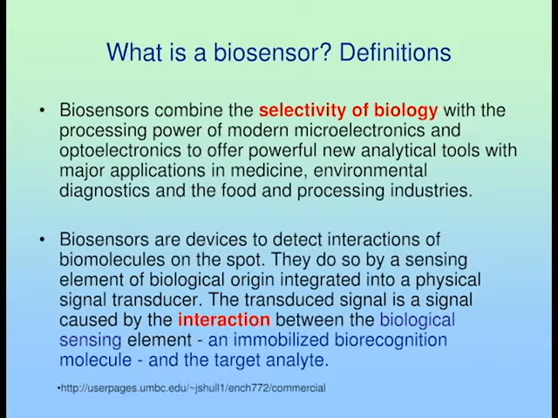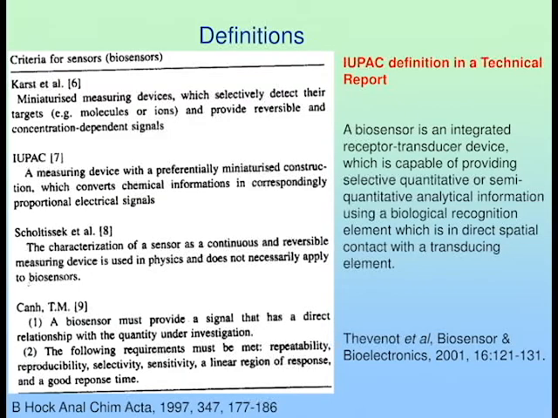All right, the target analyte. Let's move on to the next one. Okay. If you look, there are a lot of definitions of biosensors there. So basically, they will use the word integrated. Some of these, you can use in your assignment if you think it's appropriate. So some of the characteristics.